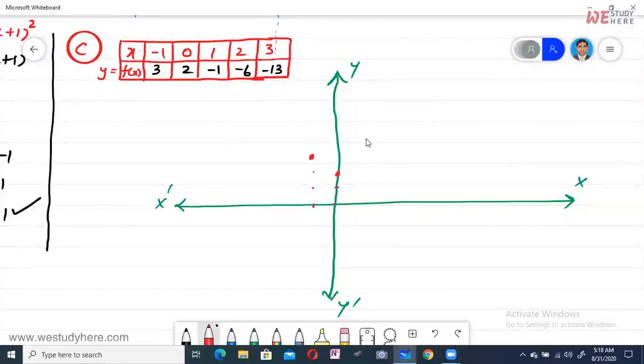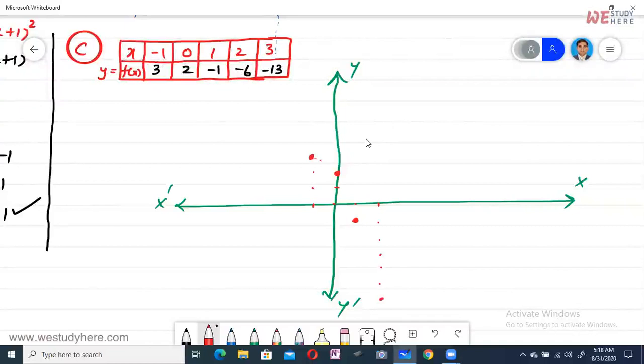This is 1 and this is 2. Then (1, -1). X is 1, y is -1, downward. Then x is 2, y is -6: 1, 2, 3, 4, 5, 6. Like that. Then (3, -13) also you can draw.